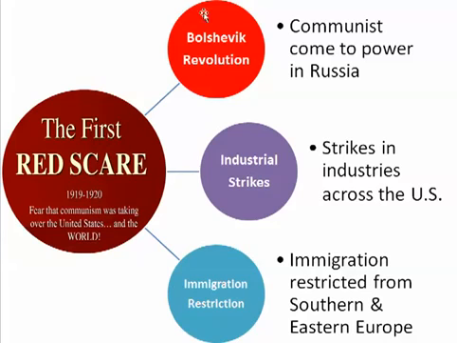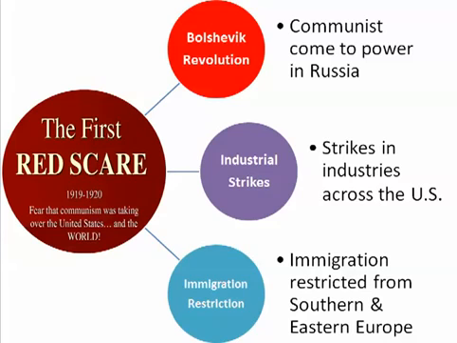We see the Bolshevik Revolution in Russia, which changed to the Soviet Union, USSR, where the communists come to power. And then we see industrial strikes in industries all across the United States to the point of rioting and violence. And then immigration restriction from Southern and Eastern Europe. Those are the three characteristics of the Red Scare, and you need to know those for the EOCT.